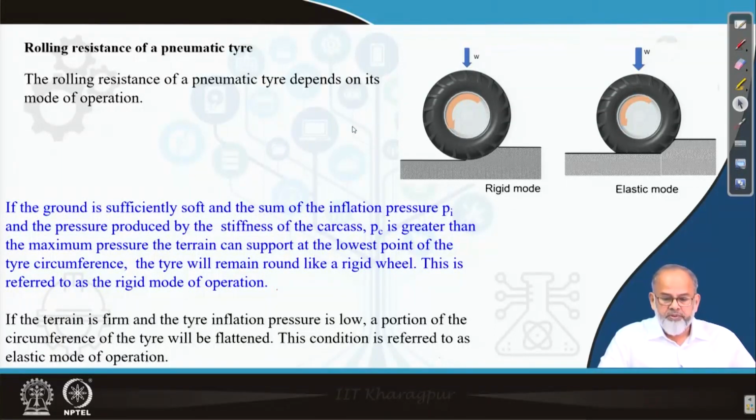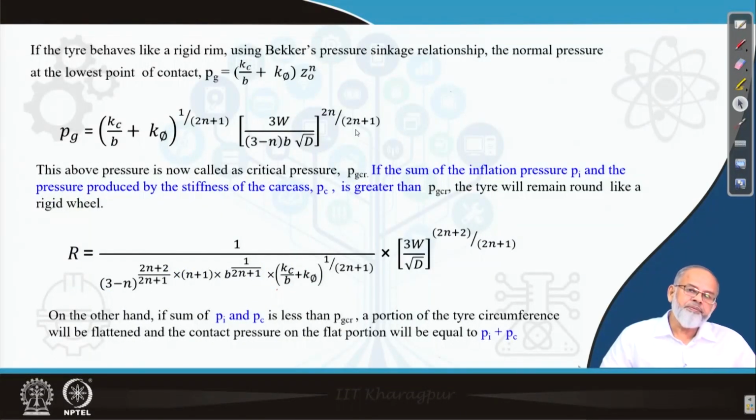If the tire behaves like a rigid rim, then you have to use the same Bekker's equation that we utilized in the case of a rigid wheel. The normal pressure at the lowest point of the tire is given by Pg equal to (Kc/B + Kphi) Z0^n.